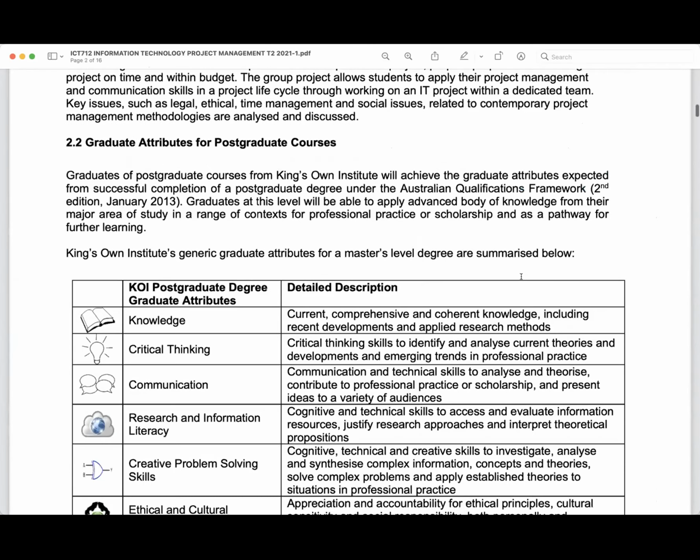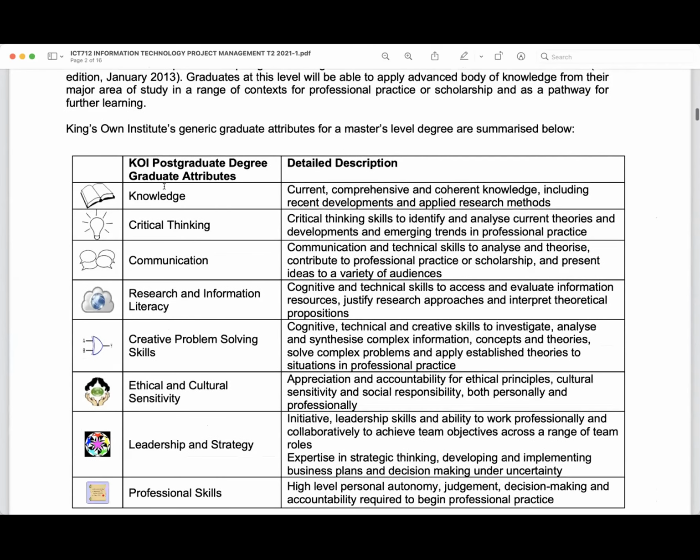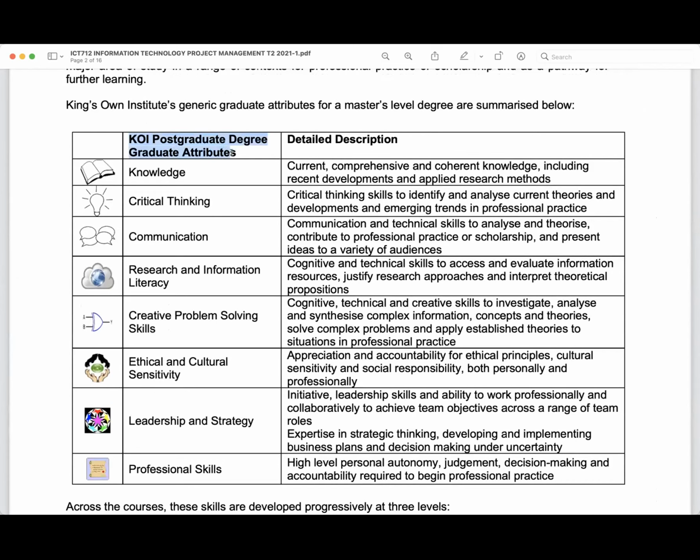If we go down, there are so many graduate qualities we want you to gain. We're going to help you get knowledge, critical thinking. We want you to engage in communication with various people, research and information literacy.